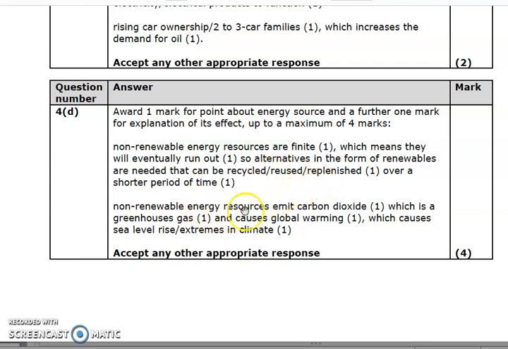Or it could be linking to the fact that they give off carbon dioxide, which is a greenhouse gas, which causes global warming, which could lead to climate change. So you can see we're just extending our answers, but look at the connectives, which, so, which, and, which really shows you're developing your answers there.